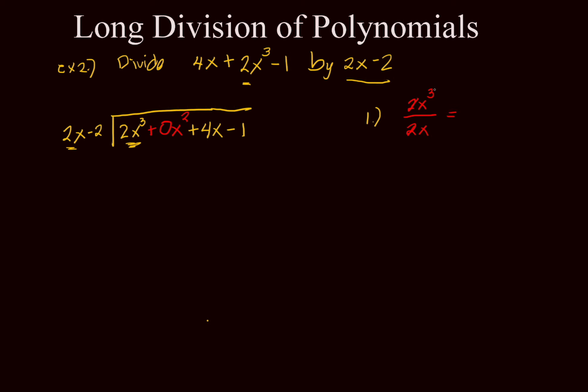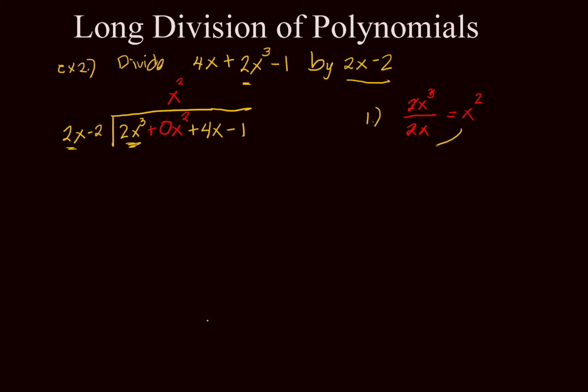This one will just be an x squared. So what's the next step? We are now going to write down our x squared on top of our 0x squared. Notice I always place it on top of any variable that has the same exponent. That would make life a little bit easier for us.